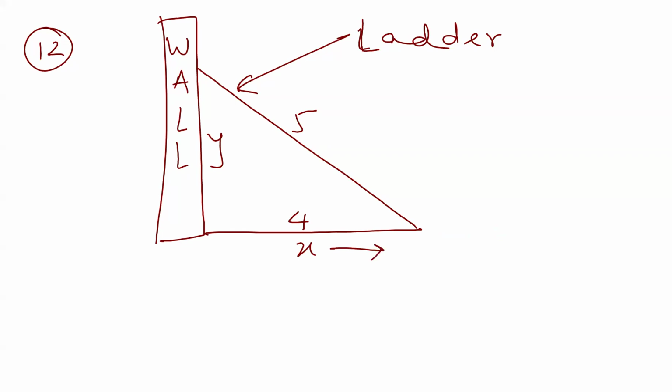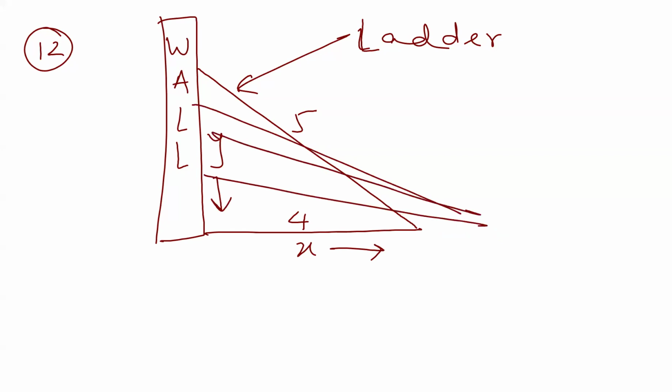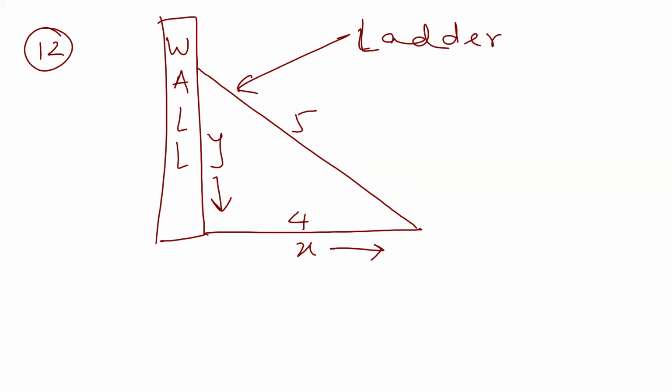The ladder is moving in the right hand side direction. And the height is decreasing. Obviously, when this ladder falls down, the y part will decrease. So they are asking how fast the height on the wall is decreasing, if the foot of the ladder is 4 meter away from the wall. So the initial distance between the foot of the ladder and the wall is 4 meters. x is equal to 4 meters.